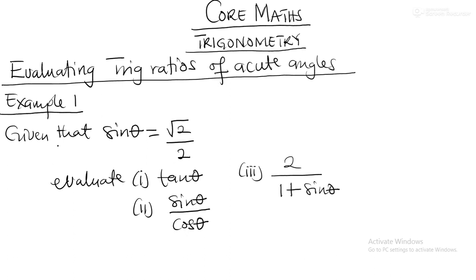So let's see how it goes. We have our first example. It says, given that sine theta equals root 2 over 2, we are to evaluate: i, tan theta; ii, sine theta over cos theta; iii, 2 over 1 plus sine theta.